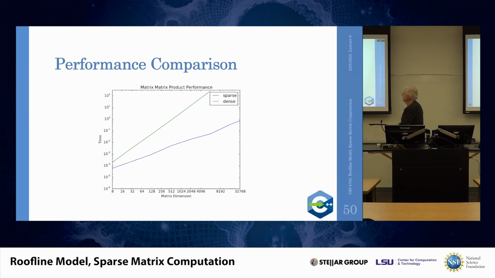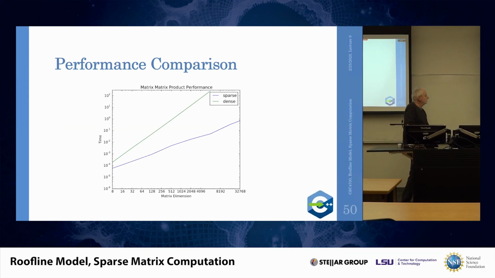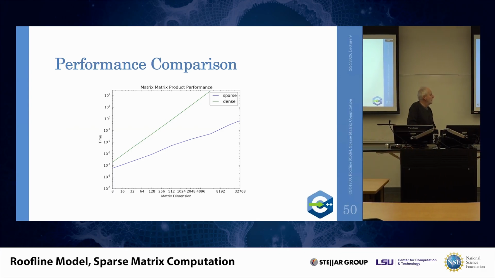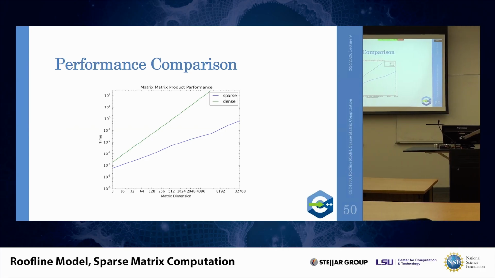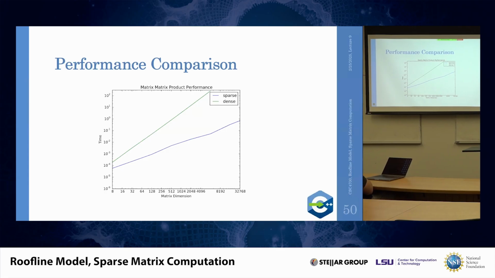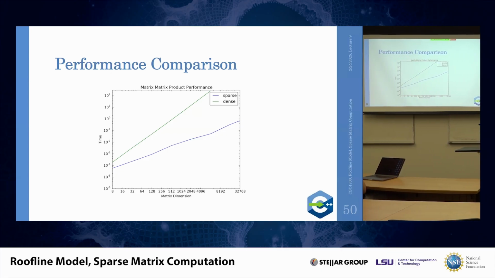If you look at the performance comparison between sparse and dense matrix multiplication for that MATVEC, it's a matrix product here, for the same matrix size where one has a bunch of zeros and the other one has a sparse representation in coordinate format, we see that the sparse representation performs much better in execution time.